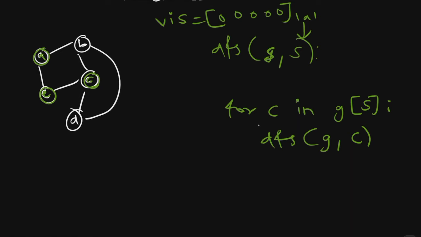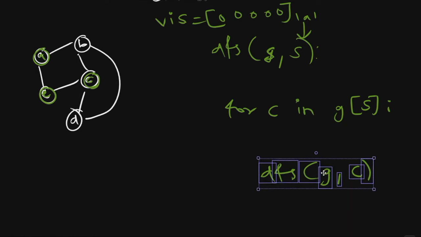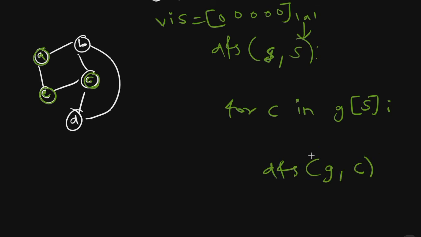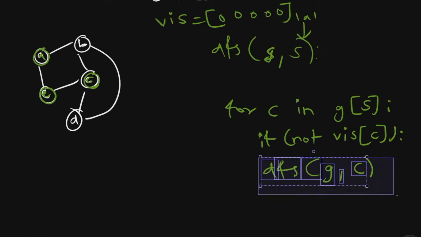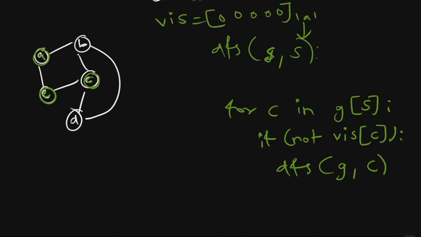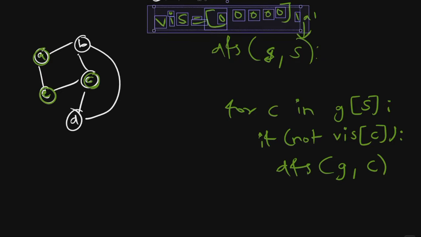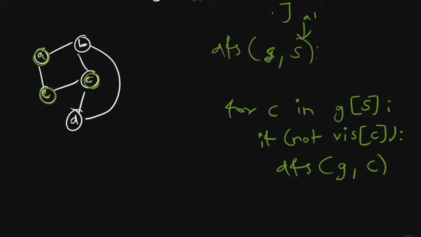So what will I do? Whenever I have to call a DFS, I'll first check whether it is already visited or not. If the child is not visited, then only perform the DFS. Now, as we are using an adjacency list, we would also need to create a structure for visited too.